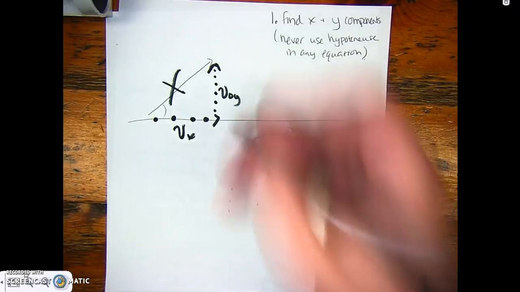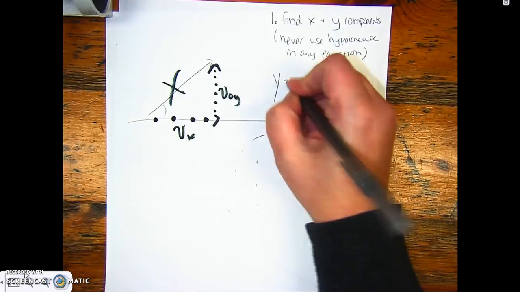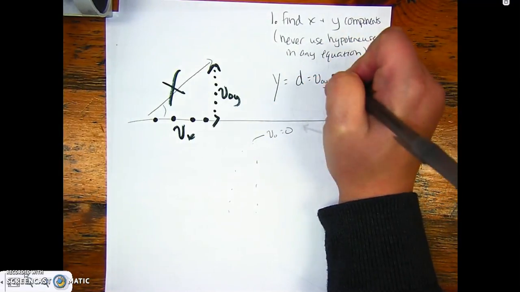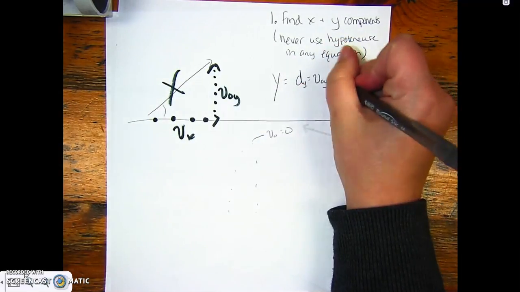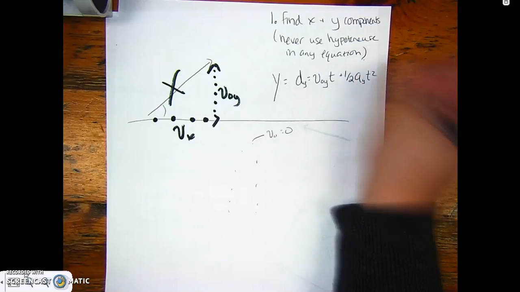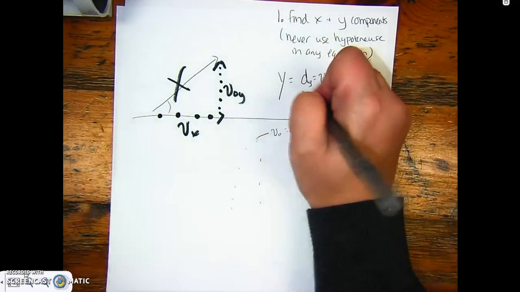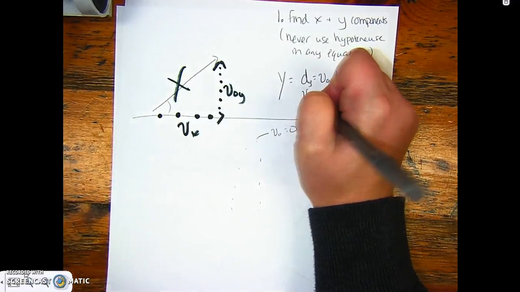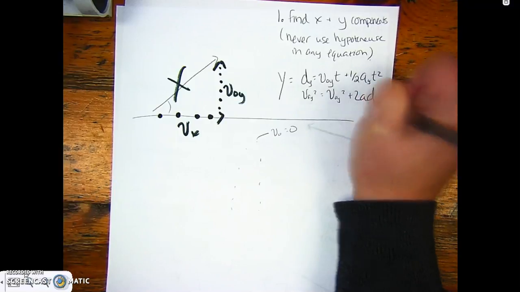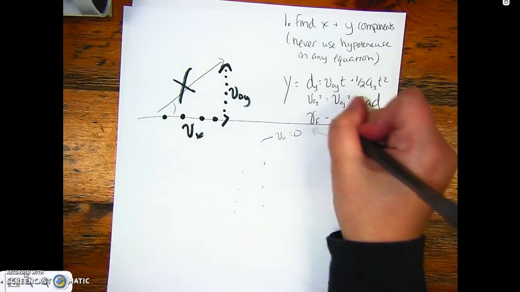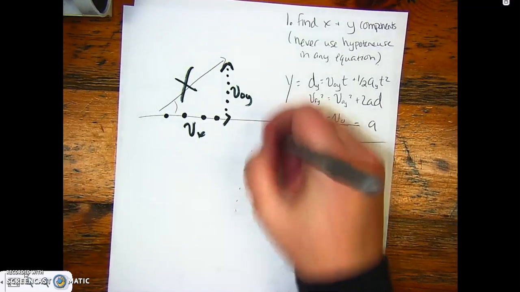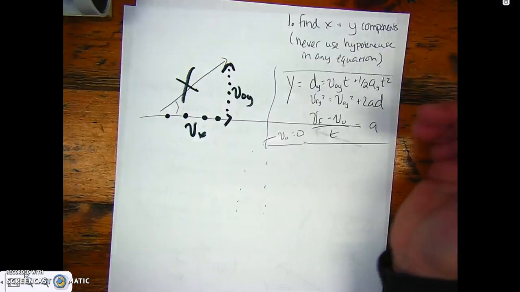So if we're going to use our y stuff, we're going to use d equals v initial y t plus 1/2 a t squared, or we might be using vf y squared equals v initial y squared plus 2ad, or v final minus v initial all over t equals a. One of these equations, based on whatever parameters of the problem we're given.